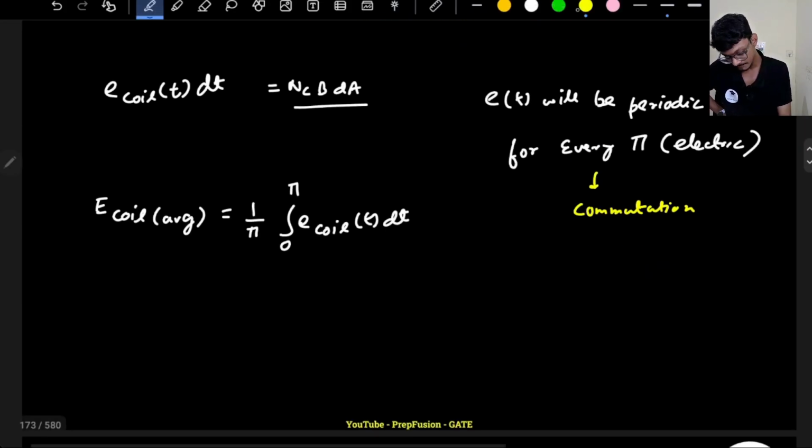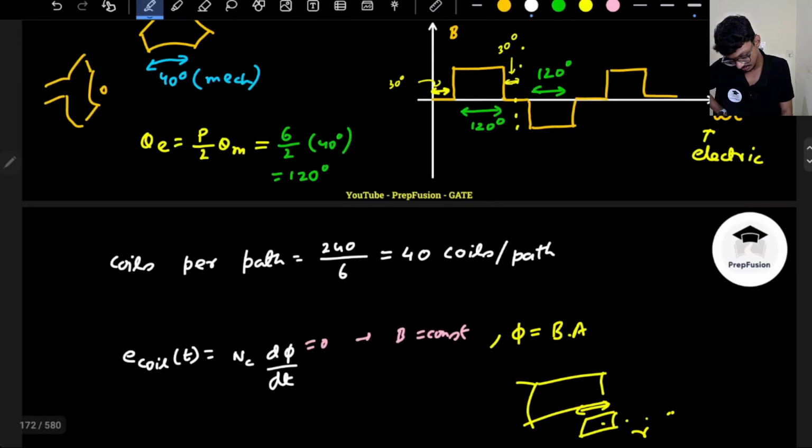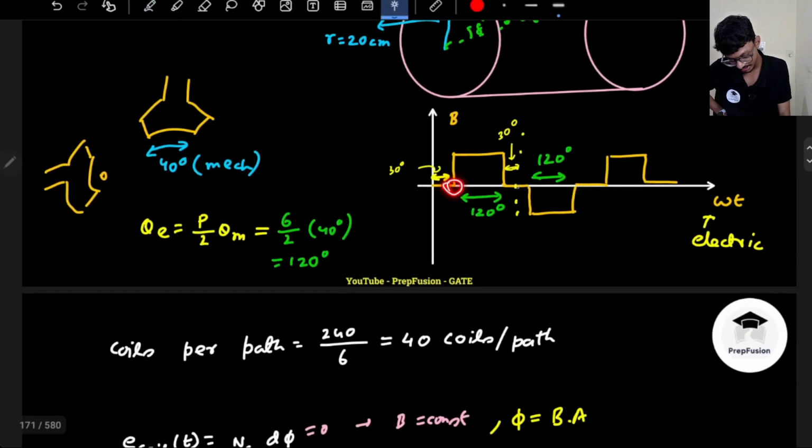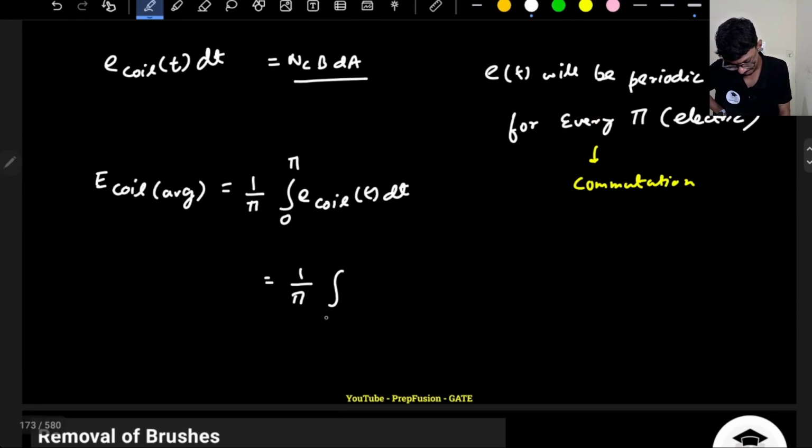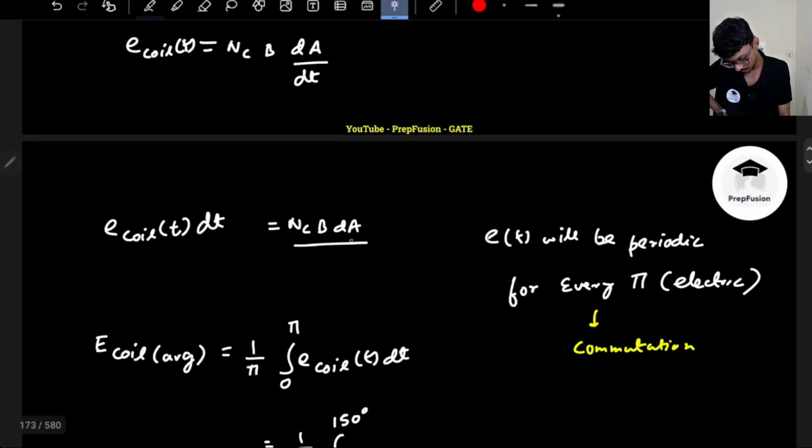So here I can write my limit: 1 by pi, from 30 degrees to 150 degrees, of this value.